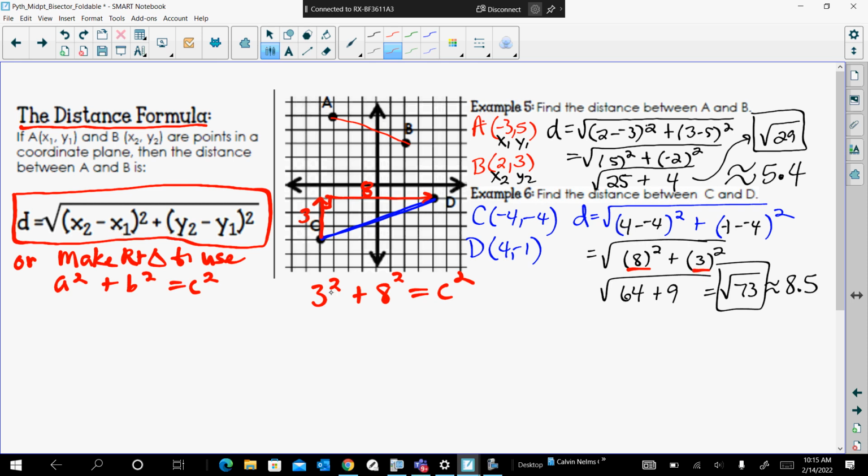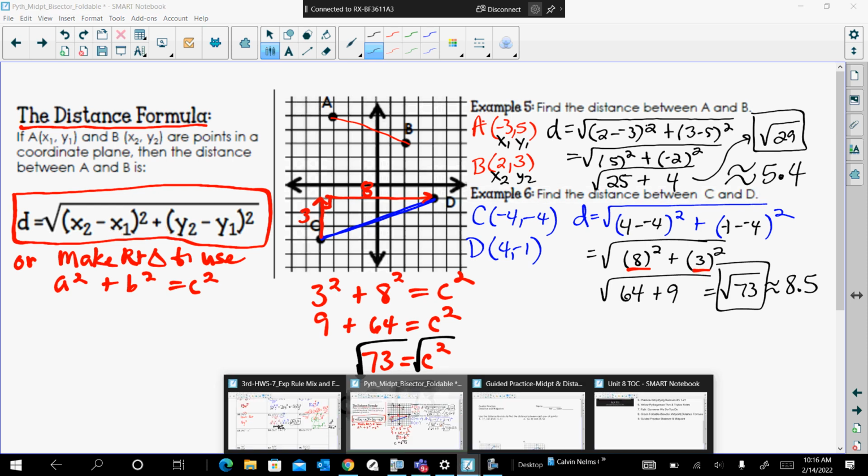Well, this becomes 9 plus 64 equals c squared, which is when I get 73 equals c squared. And then the last thing you do is take the square root. So c, which is your hypotenuse, is root 73. So if you'd rather make right triangles and do the Pythagorean theorem, you can. It's the same thing.